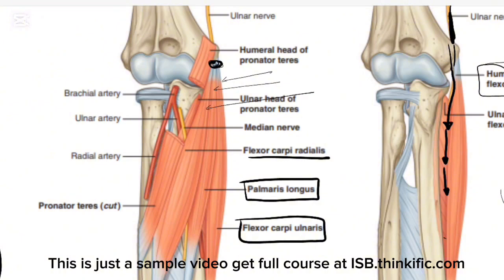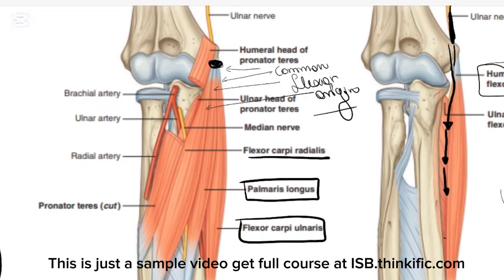They are all coming from a single tendon, you can say, or common flexor origin from the medial epicondyle. They call it the common flexor origin, right?